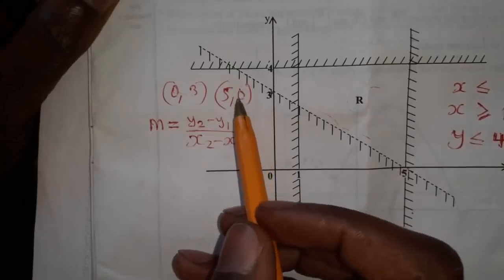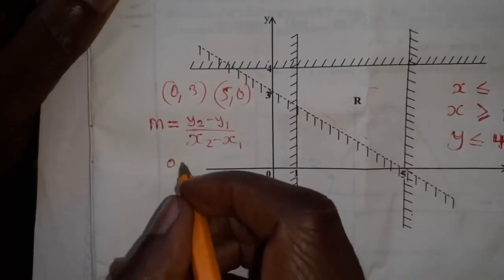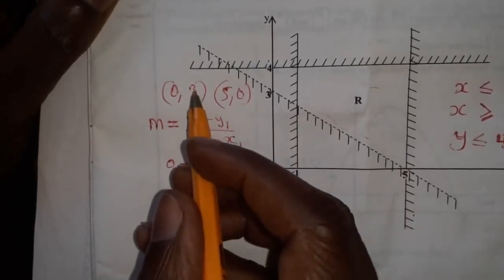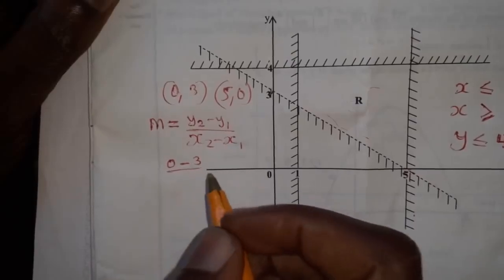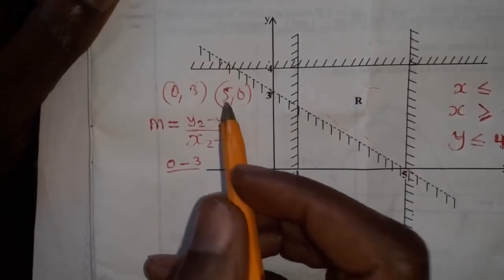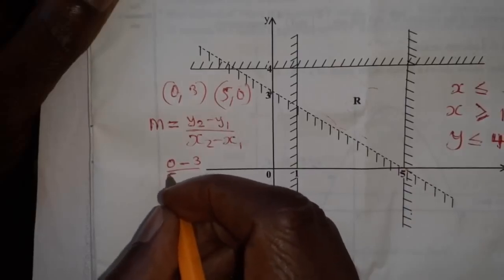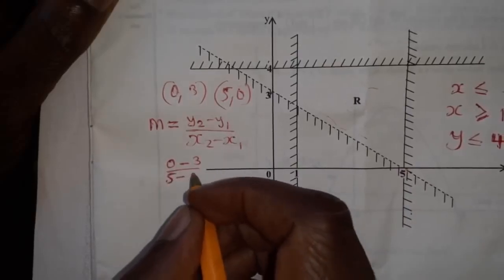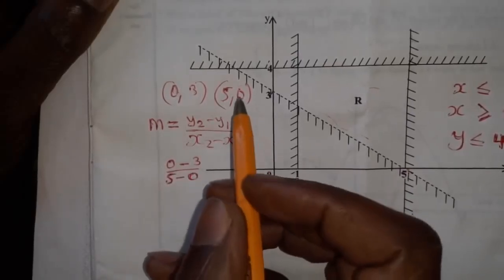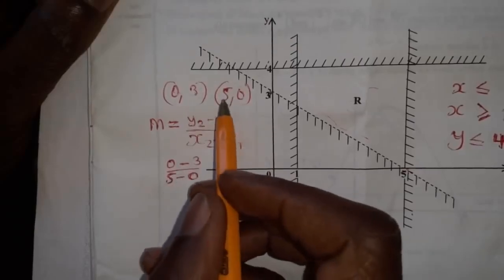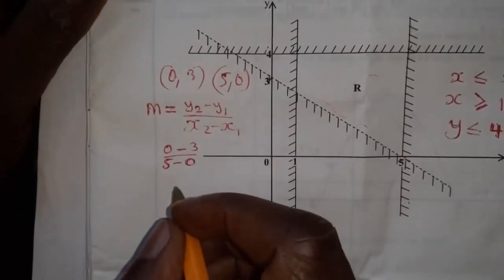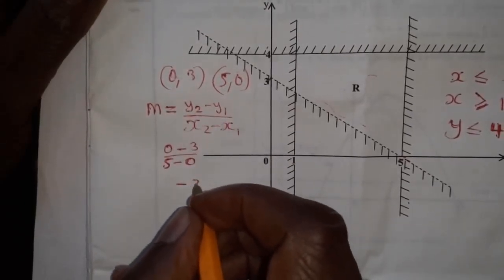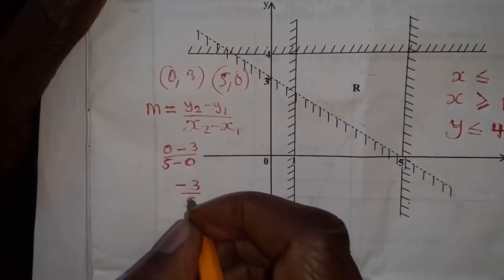This is our y2, which is 0, minus our y1, which is 3, over 5 minus 0. So 0 minus 3 over 5 minus 0. What does this give us? This is going to give us negative 3 over 5.